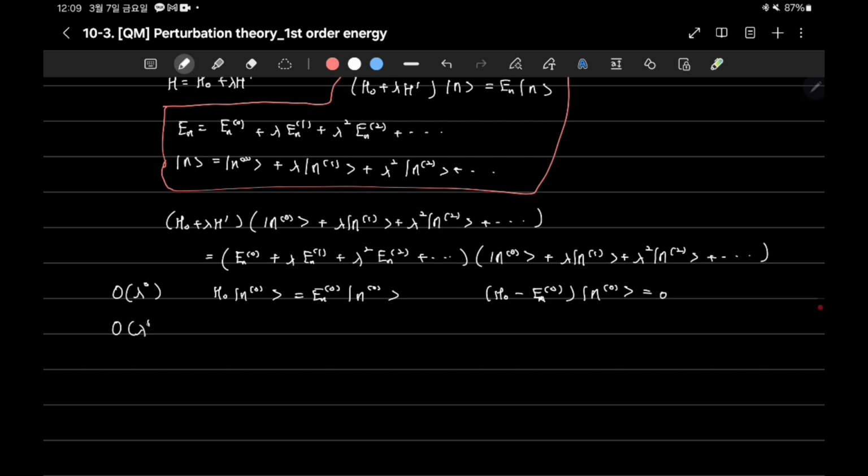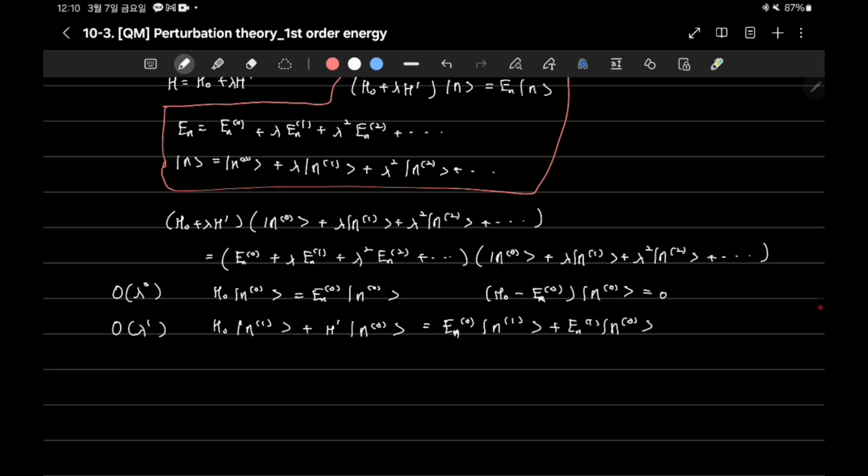Then let's consider the first order of lambda. It is H0 |n1> plus H prime |n0> equals En0 |n1> plus En1 |n0>.